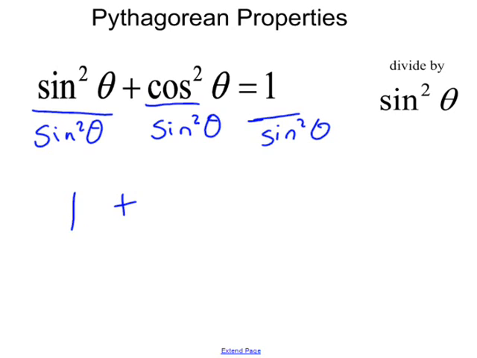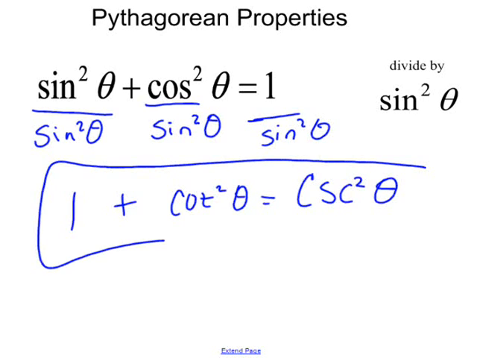Cosine divided by sine is, we just learned, cotangent squared. And 1 divided by sine, we know is cosecant, so 1 divided by sine squared is going to be cosecant squared. That is another identity: 1 plus cotangent squared equals cosecant squared.